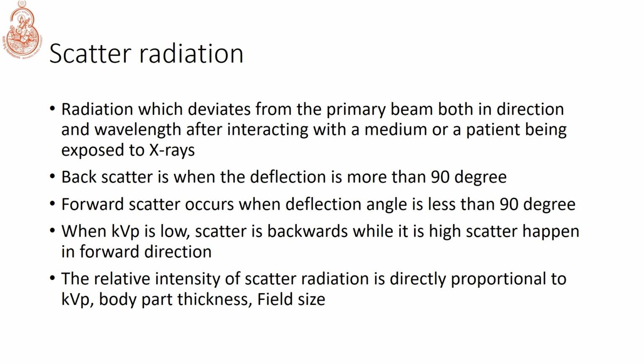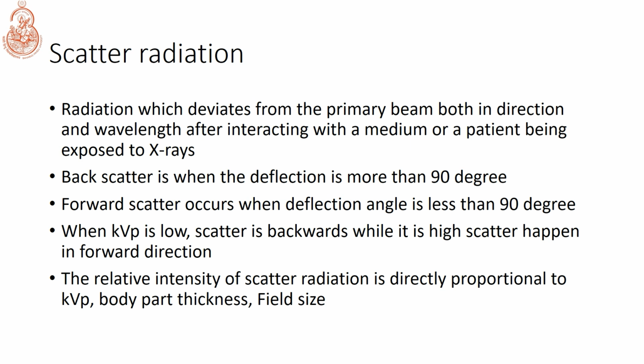When we talk about scatter radiation, there are 2 types. One is called backscatter, and the second is called forward scatter. Backscatter is when the photons are deflected at an angle more than 90 degrees. Forward scatter occurs when the deflection angle is less than 90 degrees.